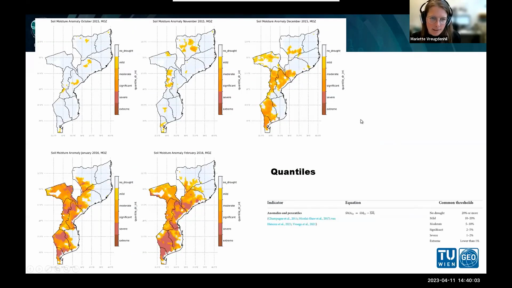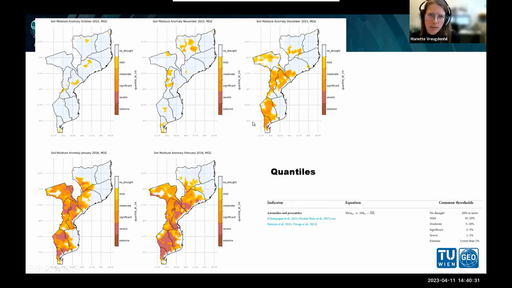Now, if we look at the different drought indicators, this is the first drought indicator that we can calculate very easily from soil moisture. So here we're looking at quantiles of the anomalies. Basically, in which quantile of the whole data set does the anomaly fall? And then if it's lower than 1%, then it's an extreme drought. We have a severe drought, which is from 1 to 2%, etc. And we can really see the drought develop in Mozambique.